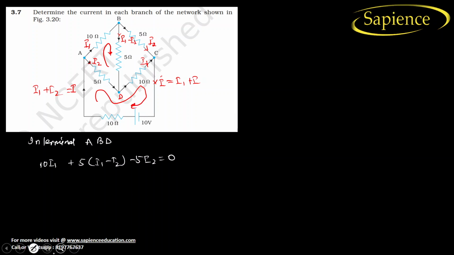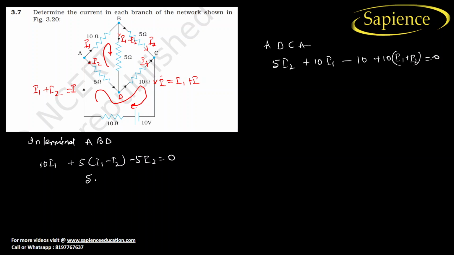So what we can say, in terminal A, D, C, A, we can say that 5I2 plus 10I1 minus 10 plus 10(I1 plus I2), this is equal to 0. Now put the values of here from I1 and I2.